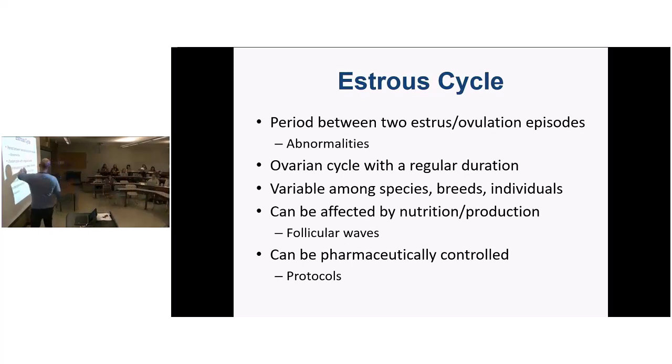Yes, of course, it's variable among species. We're going to have a couple of slides at the end of this section on the estrous cycle explaining that women have in general a 28-day cycle. Most of the large domestic animals have a 21-day cycle. Some small ruminants have a 16-day cycle. It doesn't really matter.